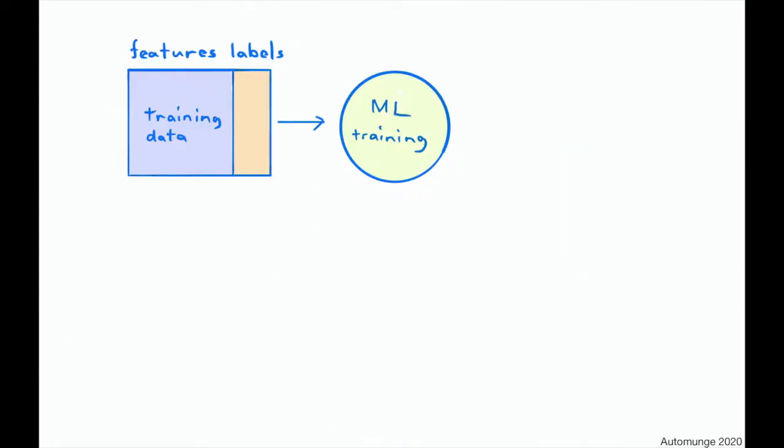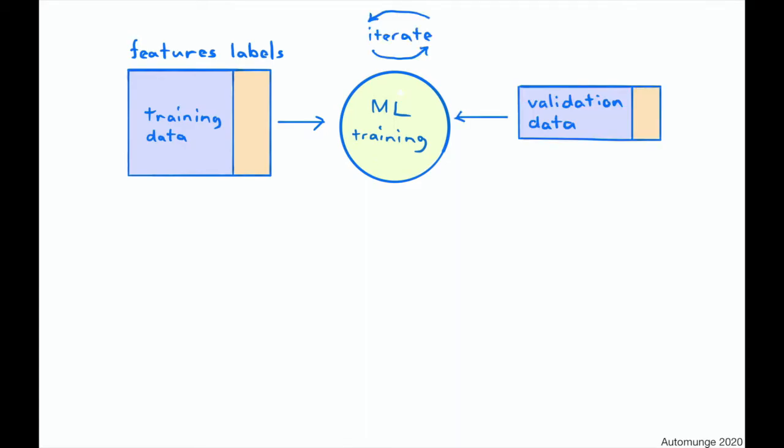Once we have our tabular dataset prepared for training with Automunge, we can then feed our training data sets of features and corresponding labels to train a machine learning model, which could be any of the multiple options to choose from for tabular data, such as neural networks, decision tree methods, and etc. Once we have trained a machine learning model, we can then use the validation set that we had carved out from the training data to evaluate the accuracy of that model.